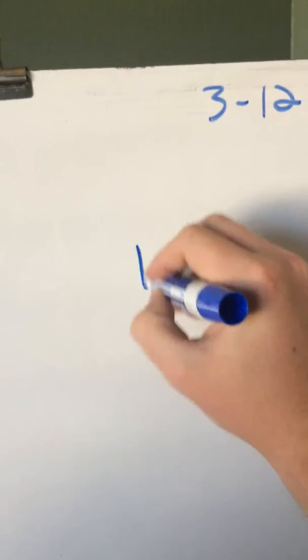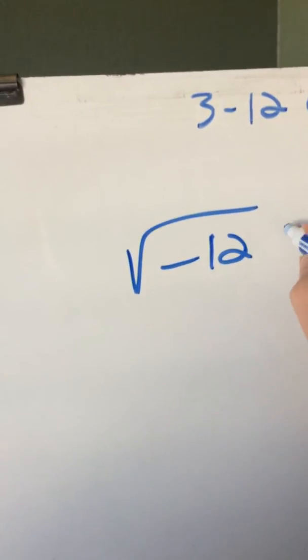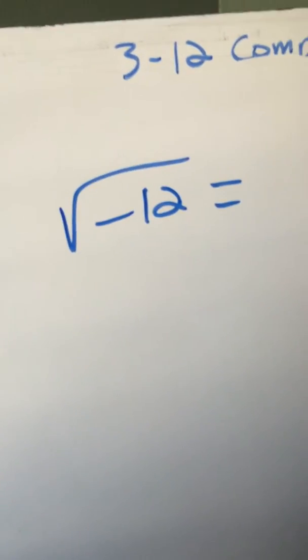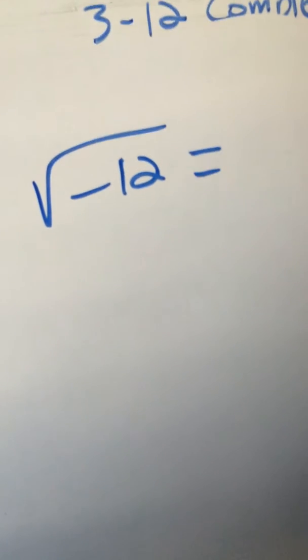Next question, we're going to simplify radicals, so let's do the square root of -12. We have to find perfect squares within -12.